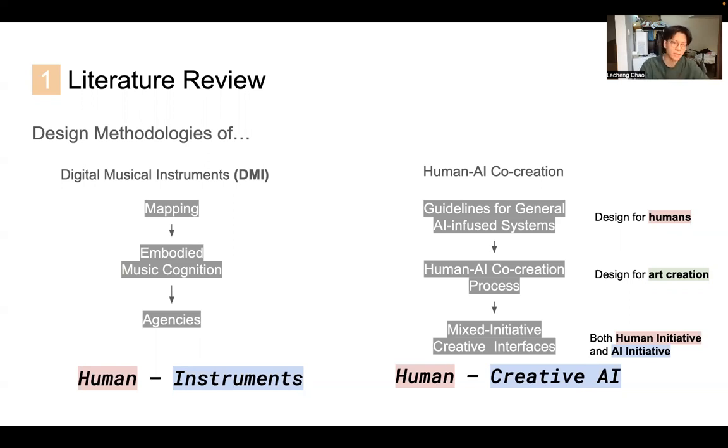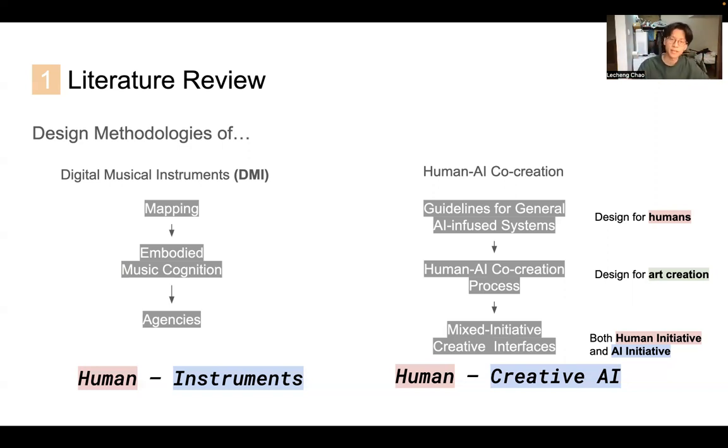And then I did something about embodied music cognition, which basically means your cognition interaction when you hear and perform music. And then they come together to talk about the agencies in music performance and creation. This agency here means who is the one who's creating something. And together, they form a relationship that's between human and instruments.